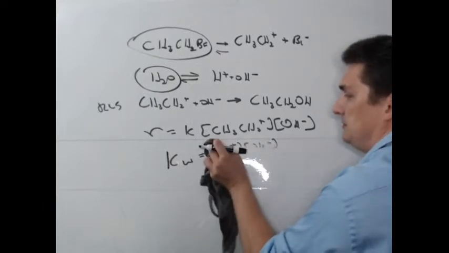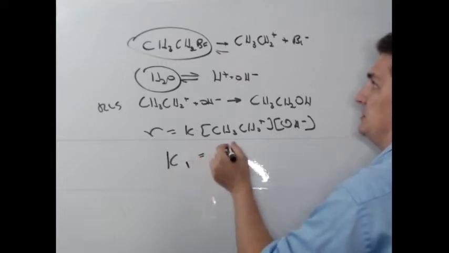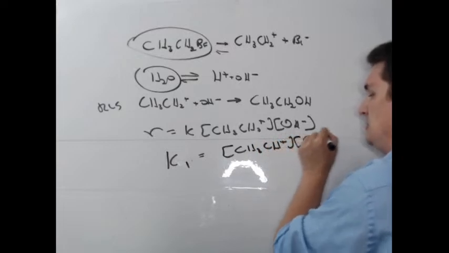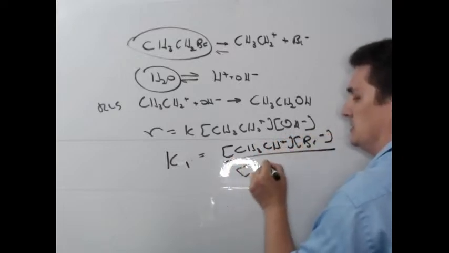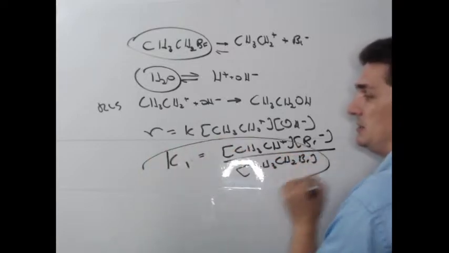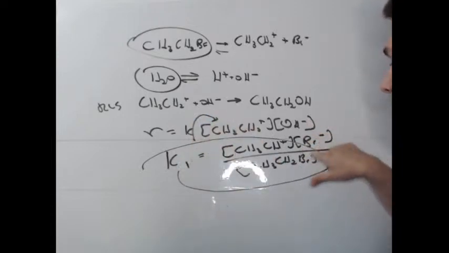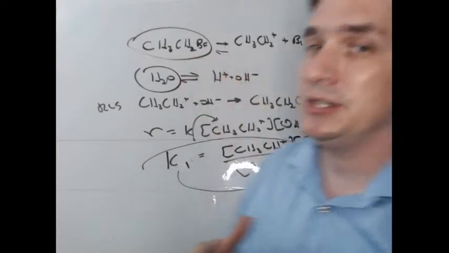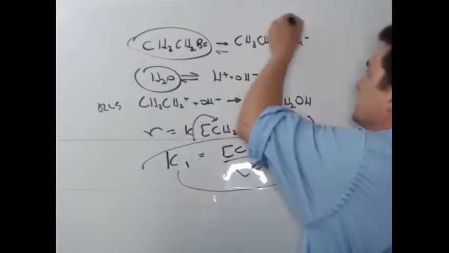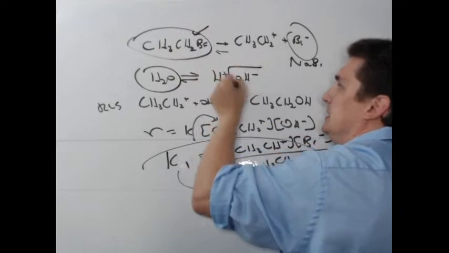But for the first reaction, we've got the concentration of CH3CH2+ times Br− over the concentration of CH3CH2Br. We could rearrange this equilibrium expression to plug into this, and that would give us hydroxide, bromide, and our starting reagent in the equation. And that would be a lot more useful because we can control bromide concentration by adding something like sodium bromide. This we can add directly, and this we can add something like sodium hydroxide.